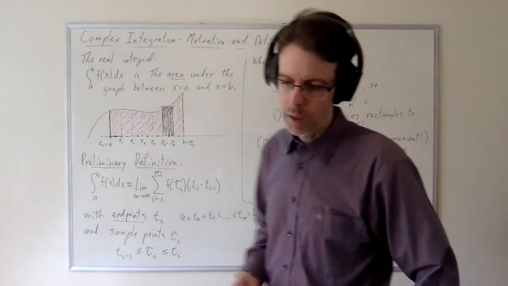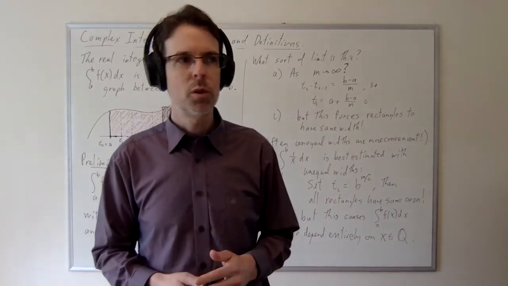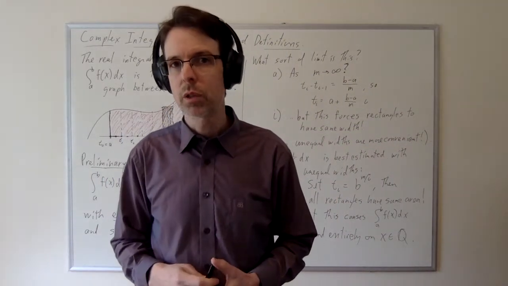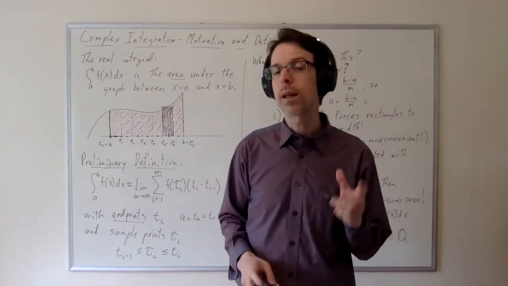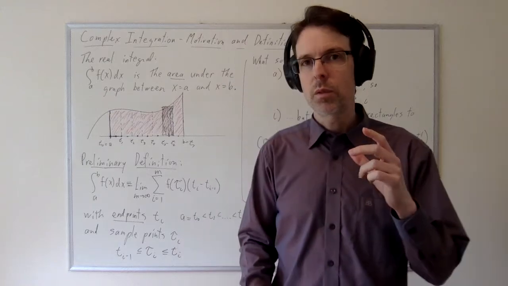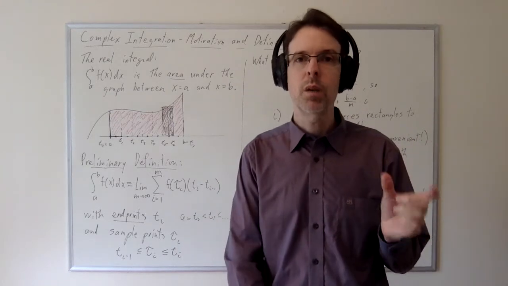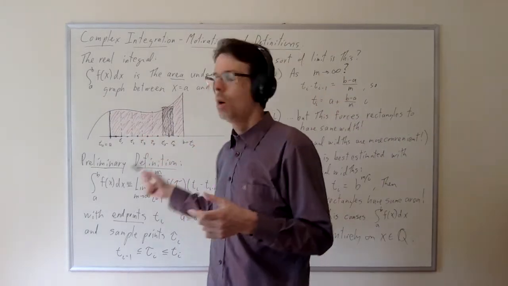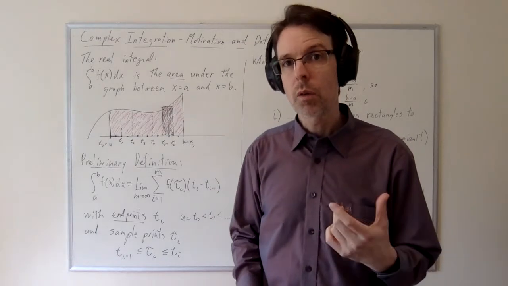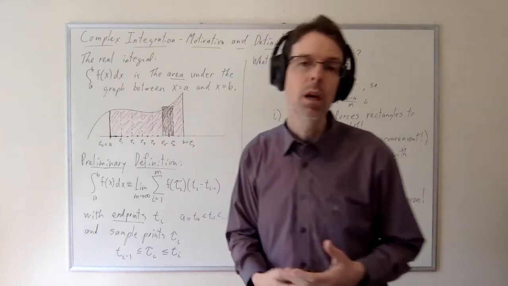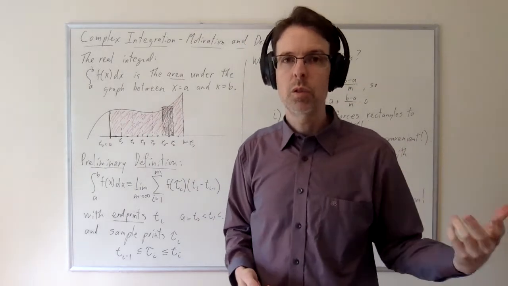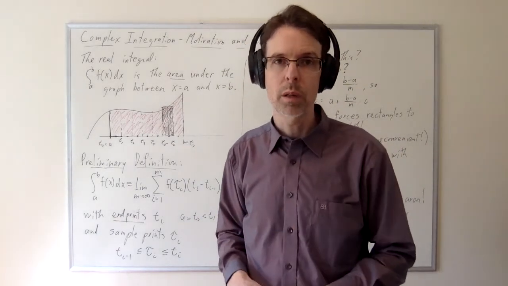Now, as you know from set theory, there are countably many rational numbers and uncountably many irrational numbers in the interval from a to b. And so it seems a little bit theoretically wrong that the relatively few, the countably many rational numbers between a and b, would be in charge of determining the integral of f(x) between a and b. It seems like too few are counting as too important there.